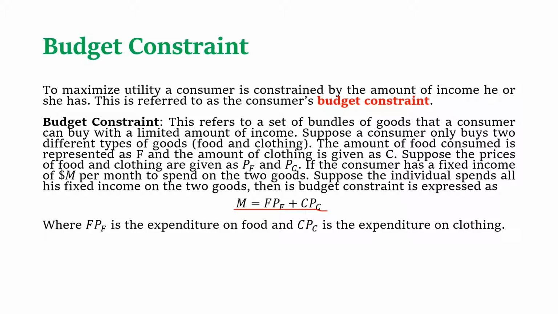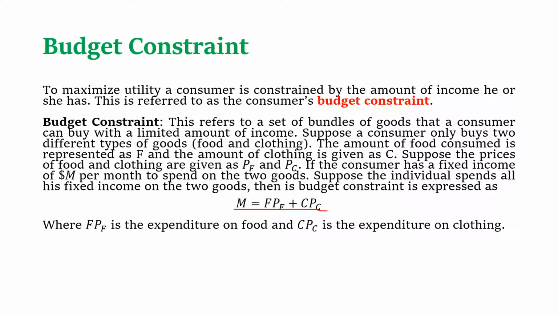So in this regard, if you want to find the intercepts on the food axis, all you need to do here is to divide throughout by PF. If you divide the budget line throughout by PF, you're going to have the intercept on the food axis. Similarly, if you divide throughout by PC, you're going to get the intercept on the clothing axis.